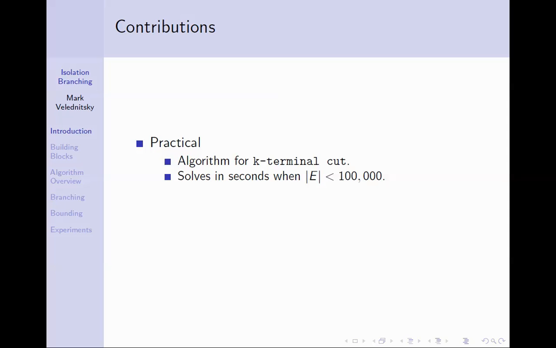It solves the problem in seconds when the number of edges is less than about 100,000. And when we analyze its running time, we'll see that it is fixed parameter tractable. And therefore, this is an alternative proof that the K-terminal cut problem is fixed parameter tractable with respect to the size of the optimal solution.